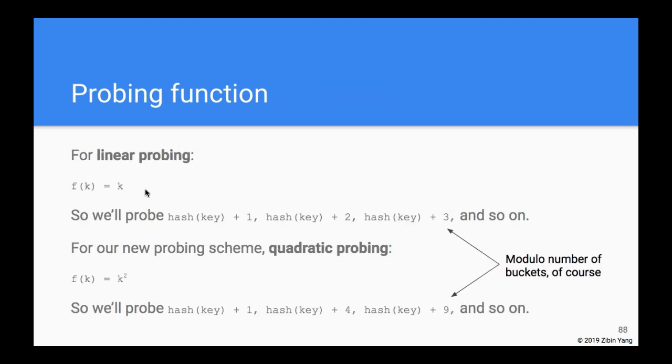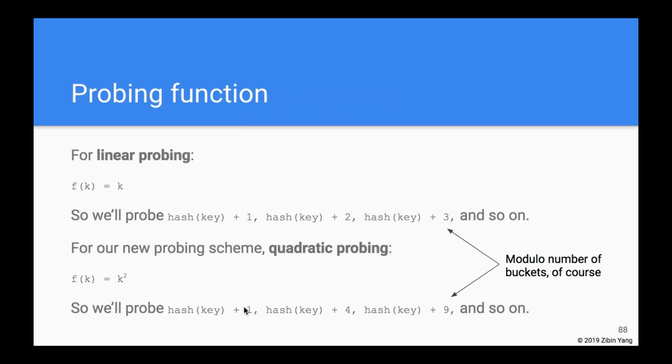With linear probing, f of k is basically just k. So beyond the original location, we would add 1 to the hash key, then add 2, then 3, and continue from there until we find an available bucket. For the new probing scheme, quadratic probing, f of k is k squared.